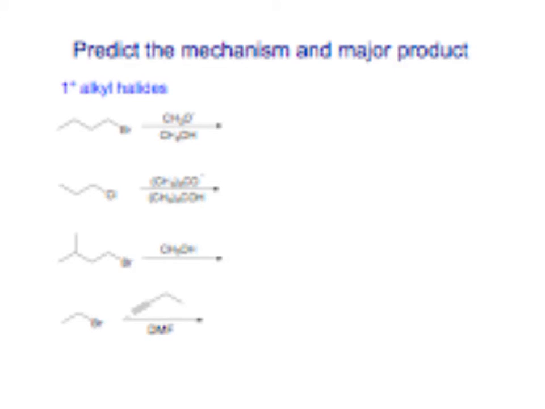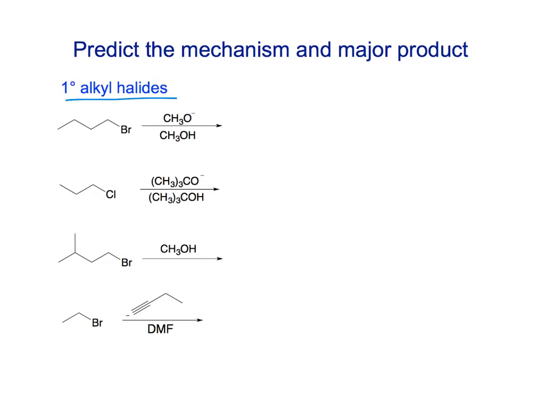Let's look at some examples. All of these are primary alkyl halides. We know that they can do either SN2 or E2. So we look over here. We have a strong nucleophile that's reasonably small. This is going to go by SN2. So this methoxy group will replace the bromine.